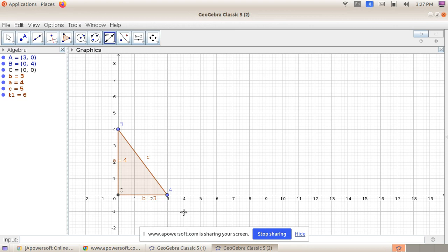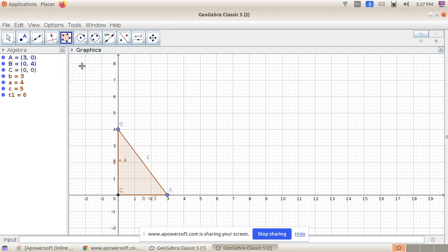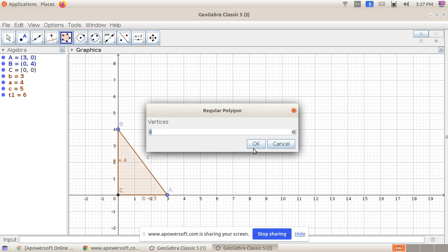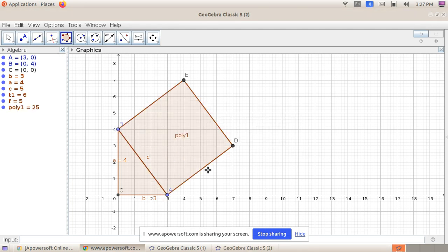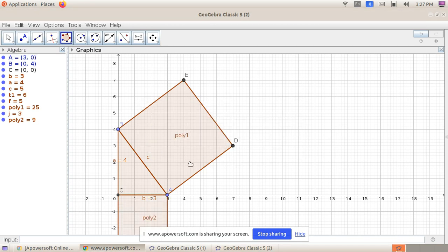Okay, now I am going to plot regular polygons on all the three sides. That is regular squares. That is square B A, four sides. It's okay. And here also A C, four sides. Okay.